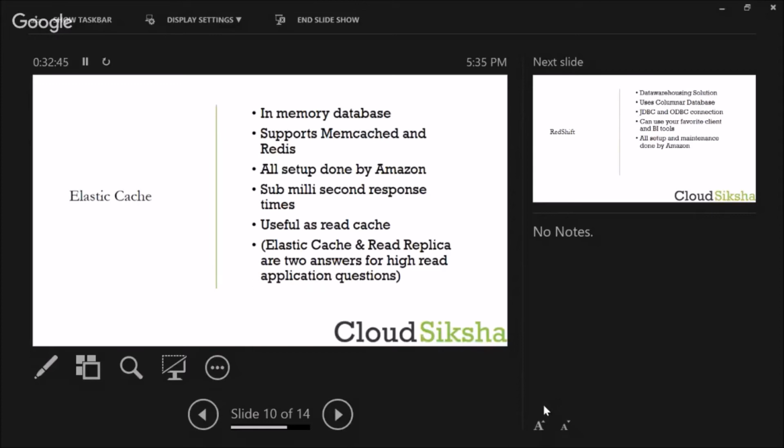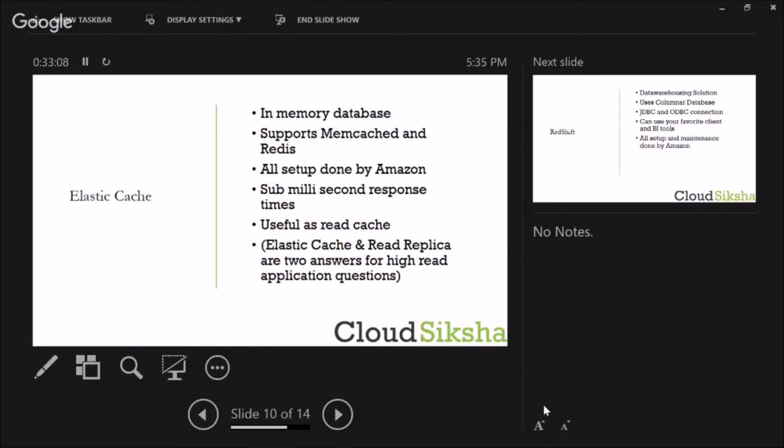Redis, for example, is a key value pair database. The overall setup of Elastic Cache is done by Amazon. So you can ask for multiple nodes, and the multiple nodes will be set up, and even in Elastic Cache you have read replicas. You can back up the data, and a lot of other things are there.